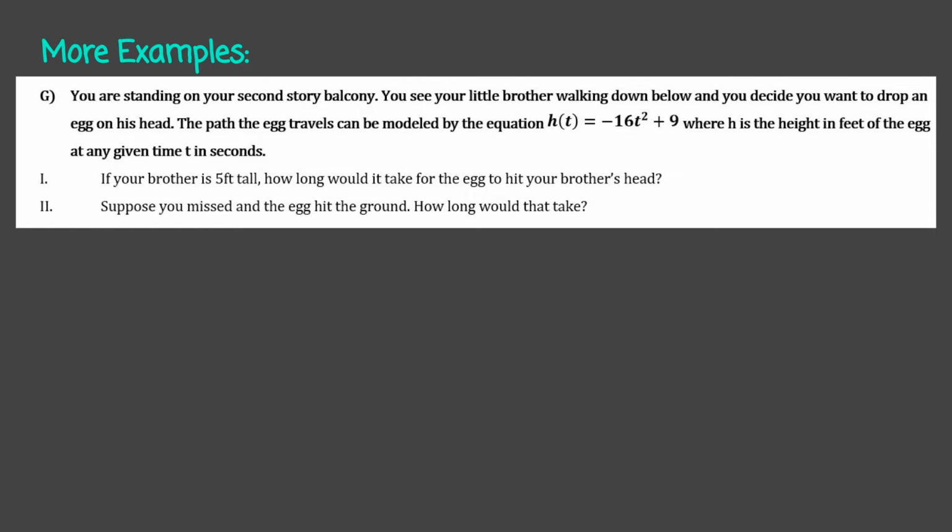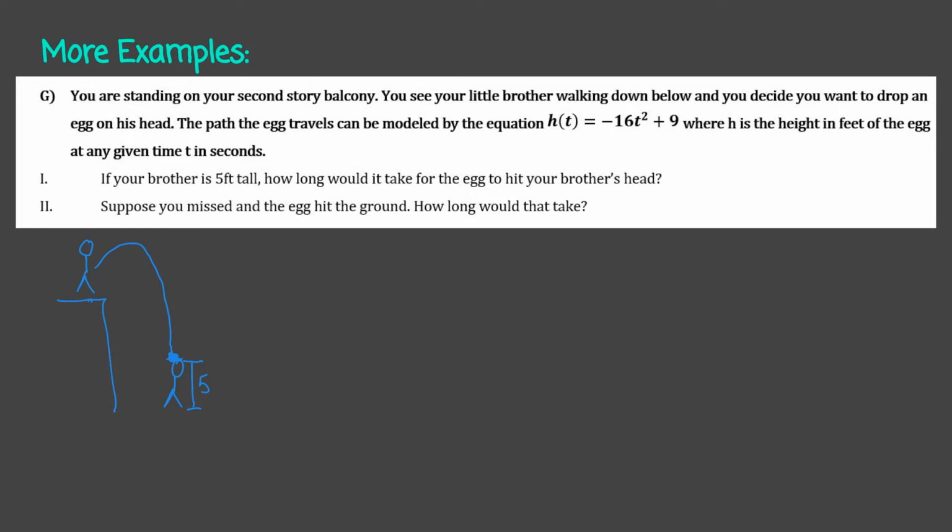Okay, so I want you to think about this. You're up here on this balcony, and your brother is walking below. You're going to throw this egg, and you're going to want it to land on his head. Well, if you remember, he is 5 feet tall. So where it lands is at that 5 feet.